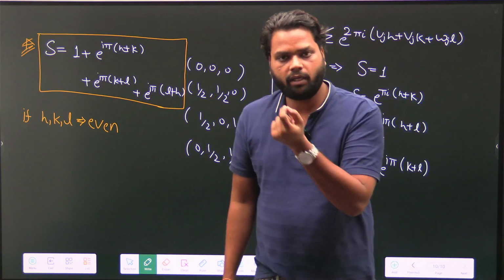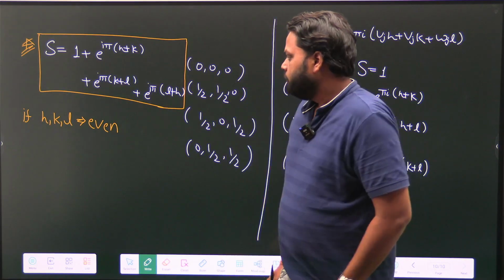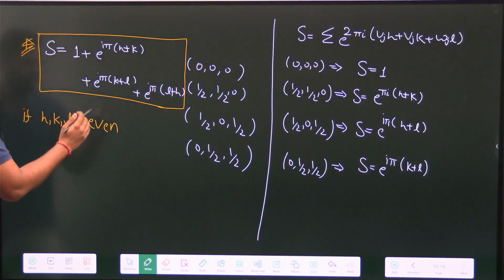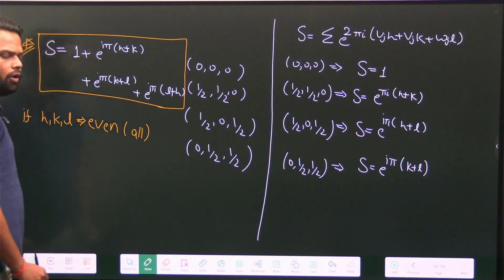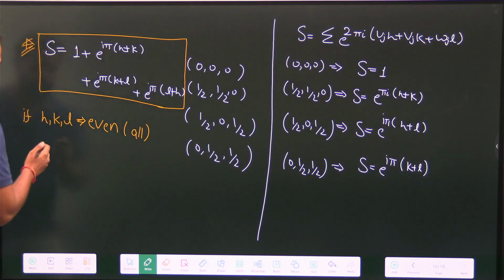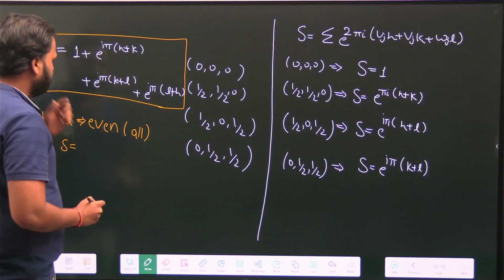I'm talking about h, k and l individually. If all are even, I'm writing in the bracket, if all are even, what will be the value of S here?